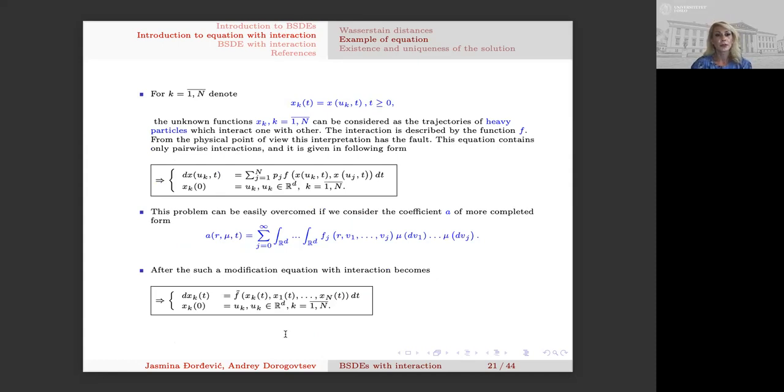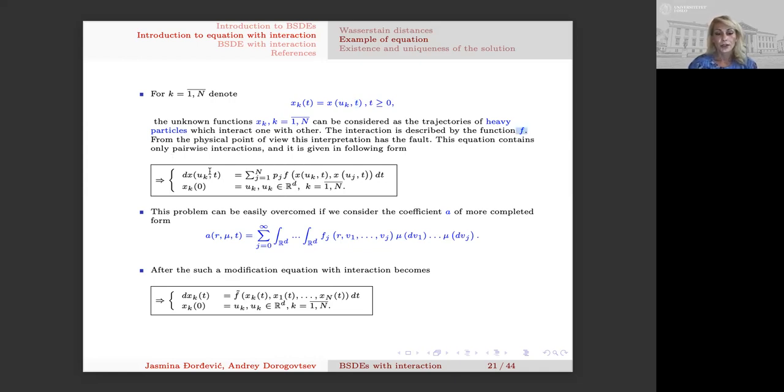Furthermore, if we simplify it further, so if we introduce that x_k(t) are the values of x with initial condition u_k at moment t, then we actually consider the trajectories of heavy particles, which start in these points u_k for k from 1 to n, and they interact with other particles, where this interaction is described with the function f.